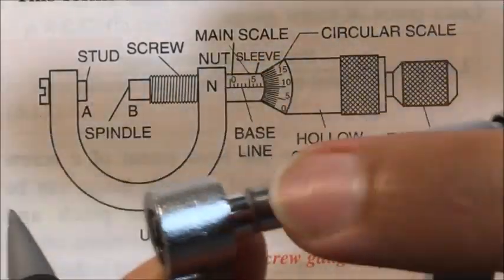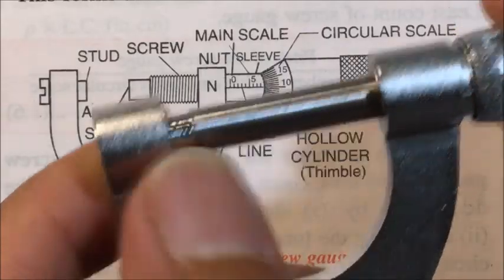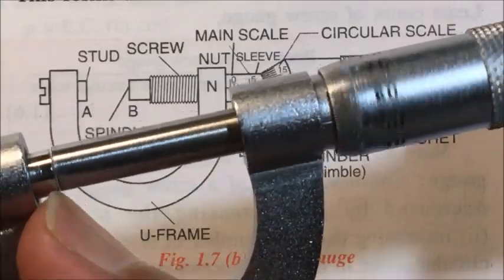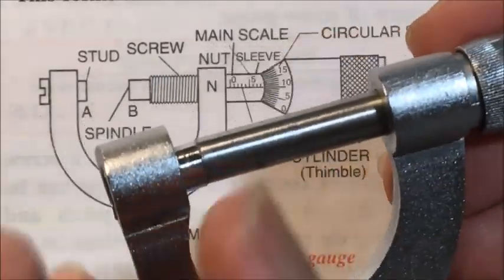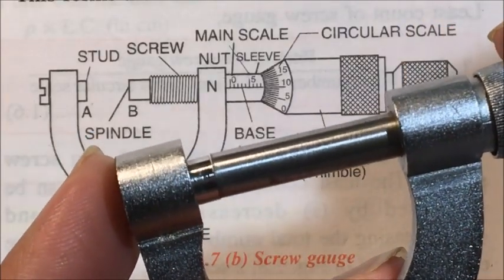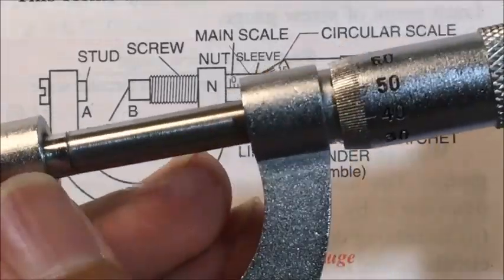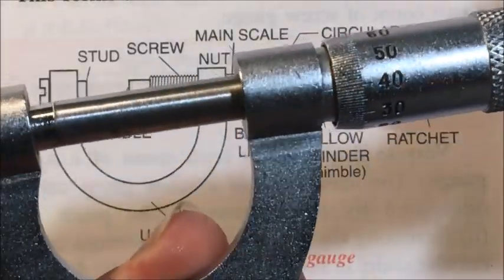When the object is in between, or when this flat end B touches the stud A, the screw linearly presses against the stud A or the object. Now this ratchet prevents further rotation of the screw, and any object is held gently between the stud and the flat end B. So this is our screw gauge.